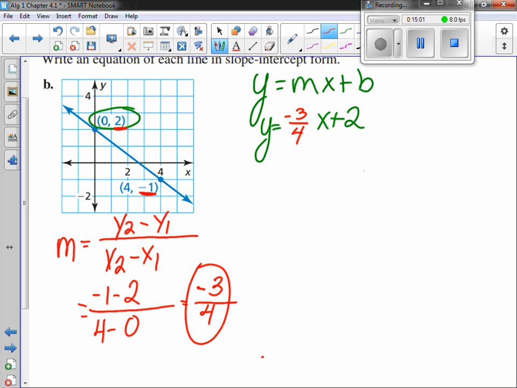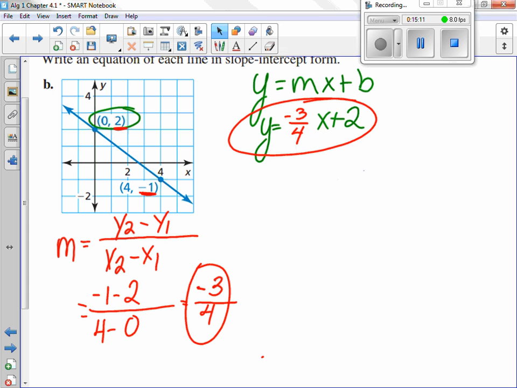Well, we don't have any adding negatives or weird signs. So the equation actually is y equals negative 3/4 x plus 2. And that's it. Questions on this here? Questions on anything we've done so far?